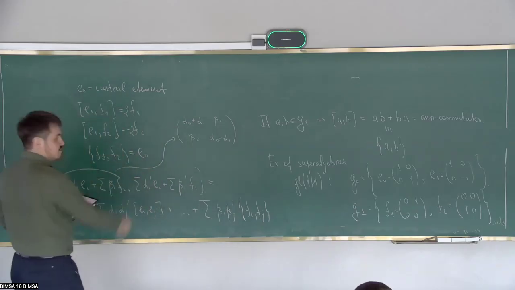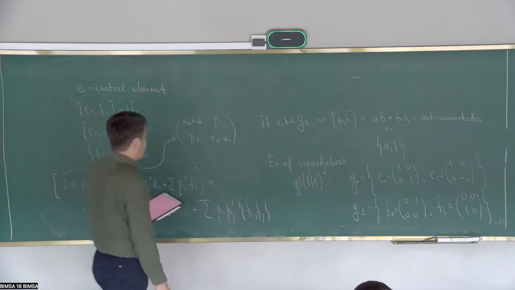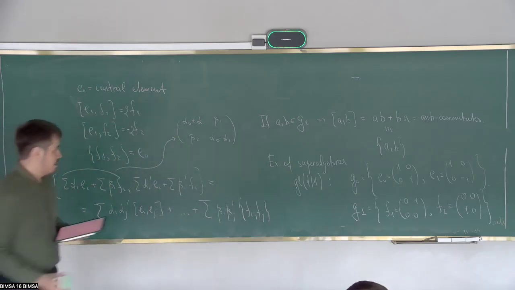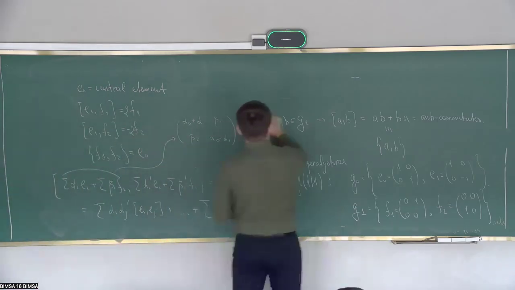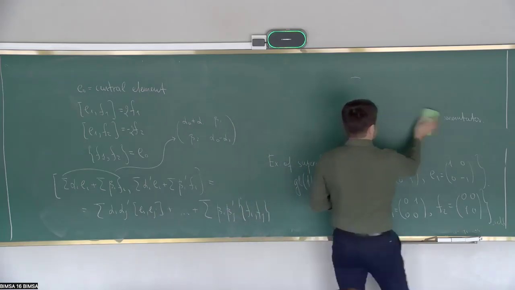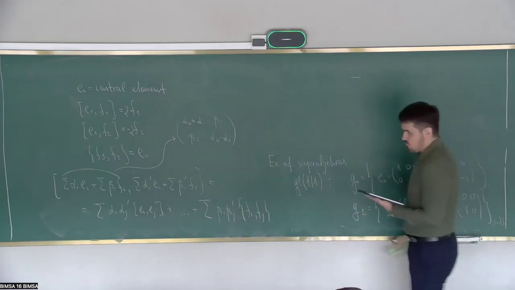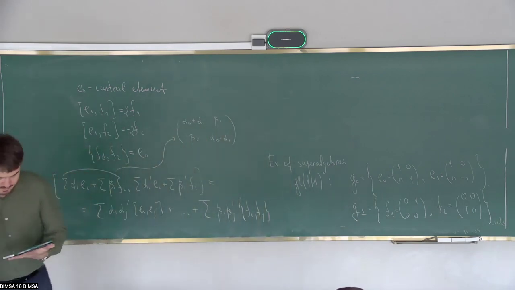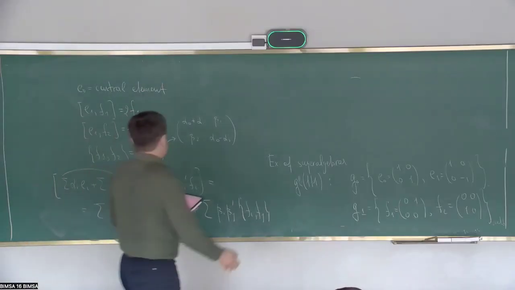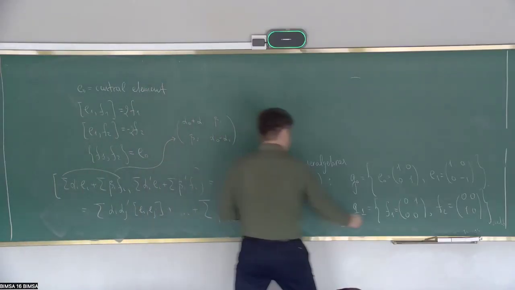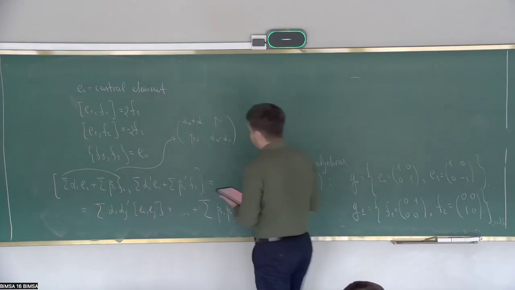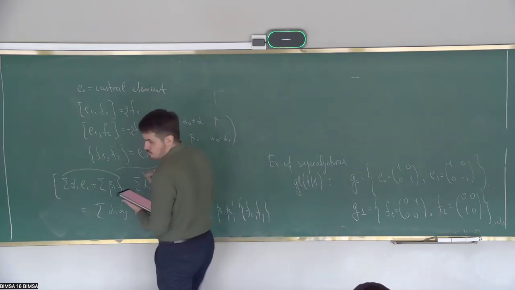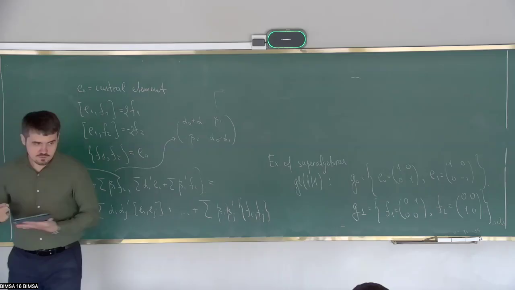We have to always split it into odd and even parts. That's a bit inconvenient. So to get rid of this drawback, we can think of the betas as being Grassmann numbers. It's a purely technical tool. You don't have to do that, but sometimes it's useful.